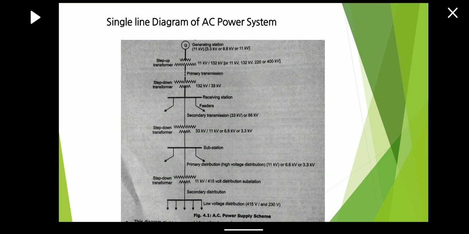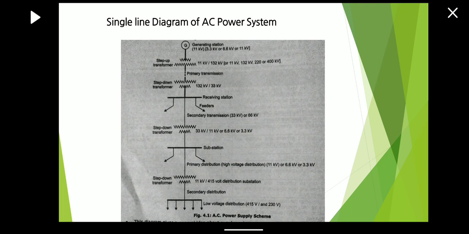Then it is distributed to the various consumers through a distribution network. Various stages are involved in between, in which this power is processed and sent further. The typical single line diagram of an AC power supply scheme is shown in the figure.